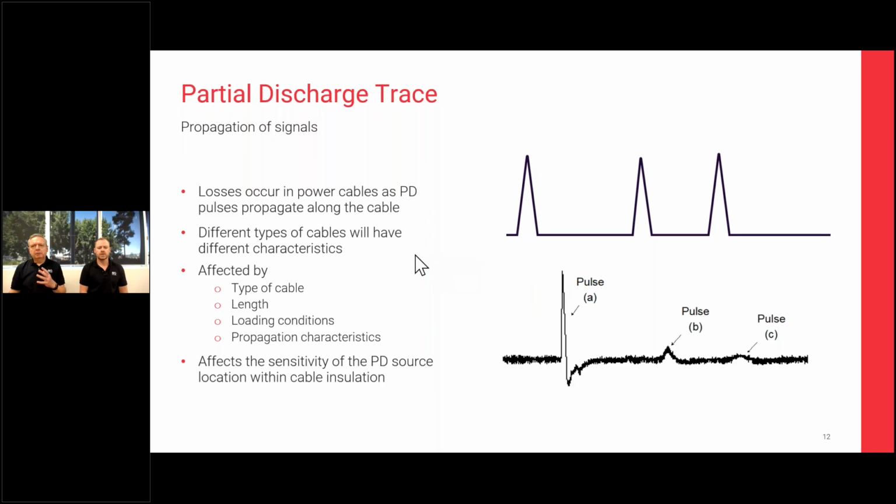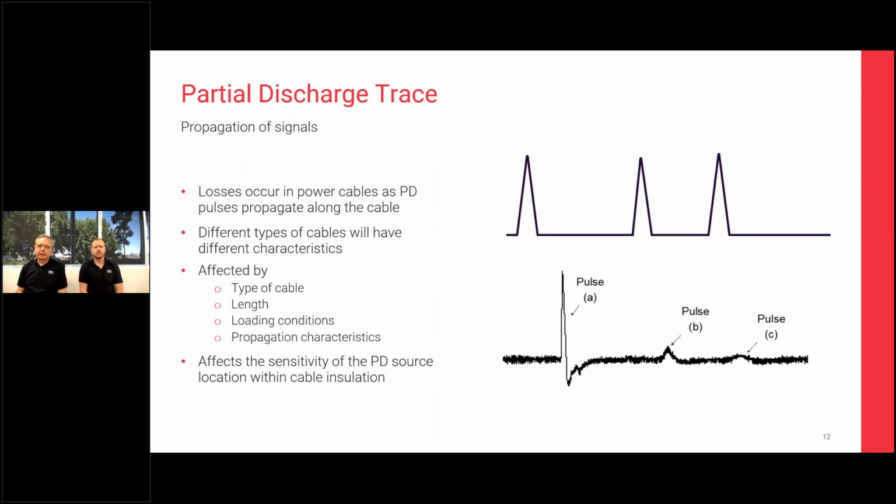Now, how much those signals attenuate is affected by different things. The type of cable, so they will attenuate less on XLPE than they will on paper cable. The length of the cable: the further it has to travel, the more the high frequency component will be lost. Loading conditions can play a part when it's online testing, so how much noise you can see.